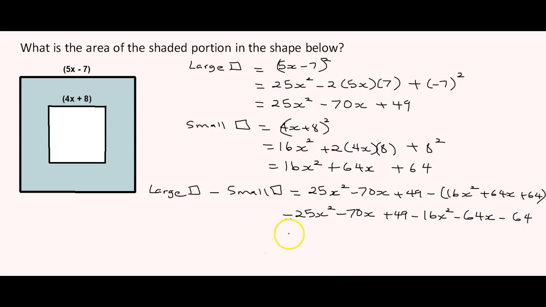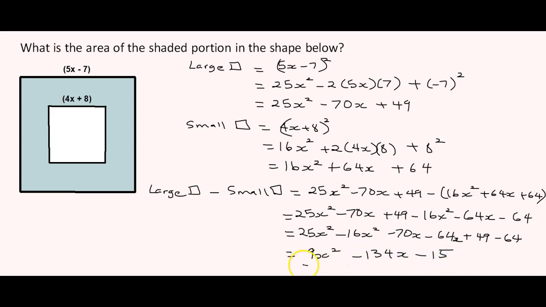So let's go ahead and group common terms together. So we have 25x squared minus 16x squared minus 70x minus 64x plus 49 minus 64. So this is going to be 9x squared minus 134x minus 15. And this is going to be the area of the shaded portion.